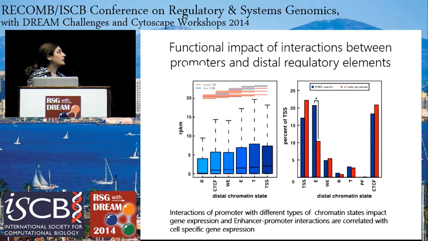Then we look at the functional impact of interaction between promoters and distal regulatory elements. Using RNA-seq data, we find that wherever we have a promoter connecting to a repressor or any weak enhancer, we have less gene expression, and wherever we have a connection between an enhancer or transcribed region, these being annotations based on ENCODE again, we have more gene expression.